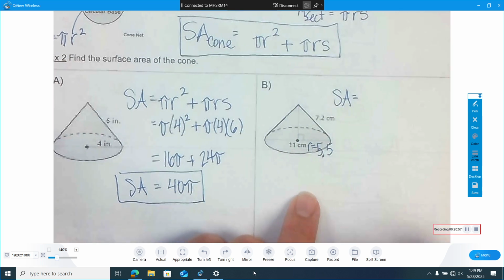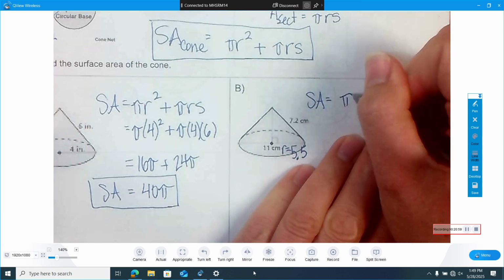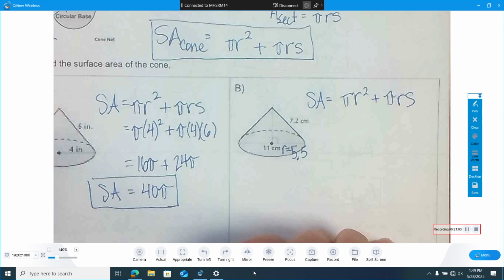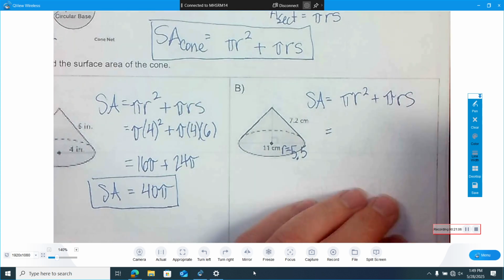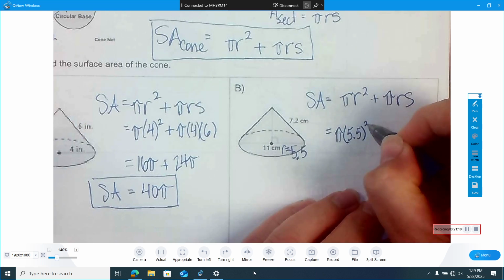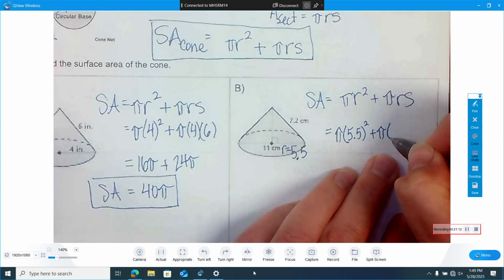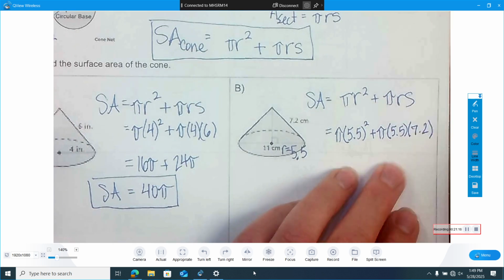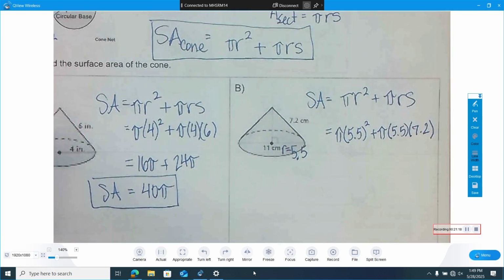So then we're going to do pi r squared plus pi r s. S for slant height. And so plugging in my numbers, I've got pi times 5.5 squared plus pi times 5.5 times 7.2 for my slant height.